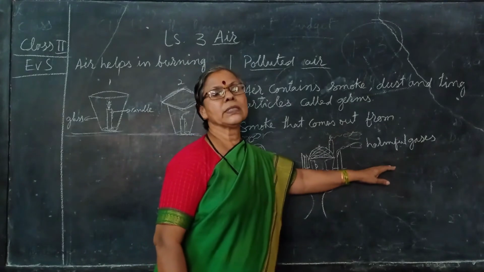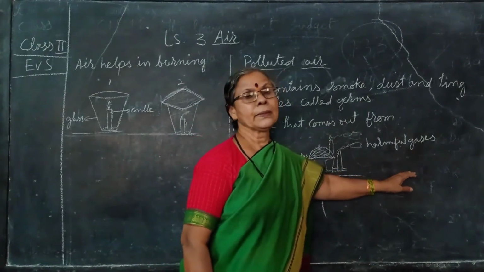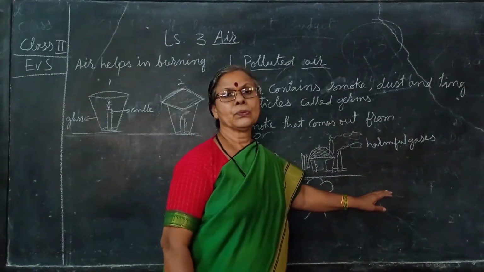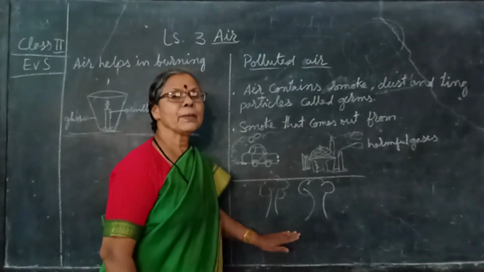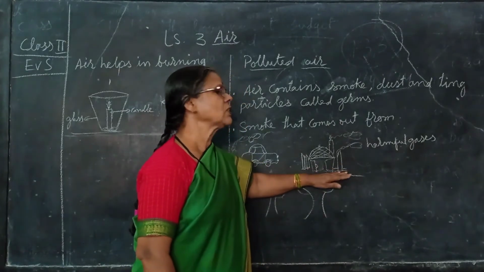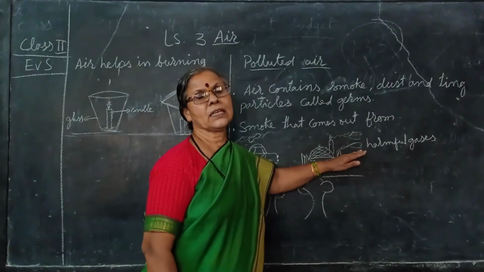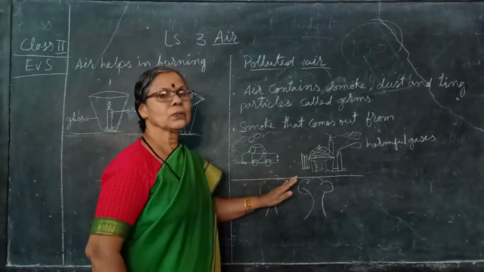They give out harmful gases which are not good for our health. What we must do to control this pollution is plant more and more trees, and the factories should be away from the cities, away from the residential areas.